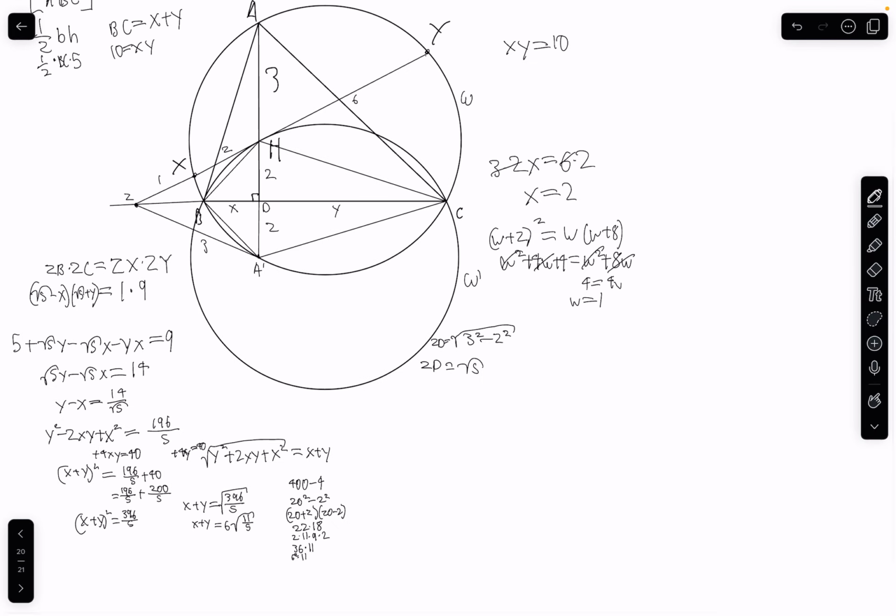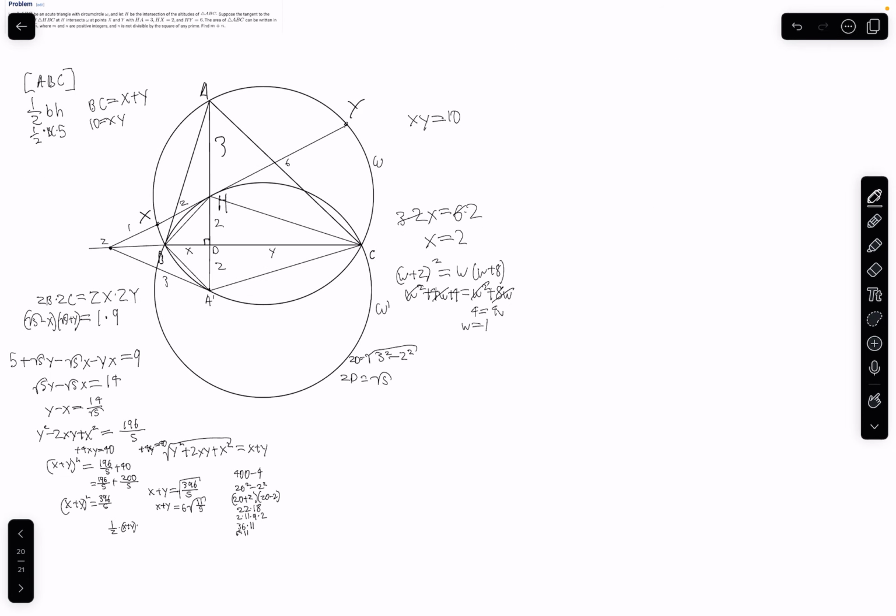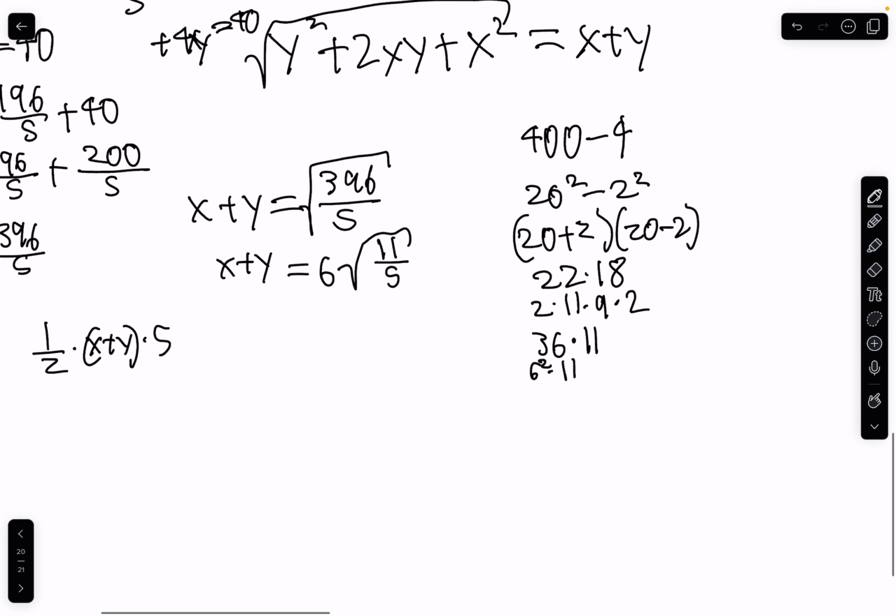And now we just need to finish off by finding the area. So 1/2 times BC, which is x plus y, times the altitude AD, which we know is the square root of 5. So 1/2 times 6 times the square root of 11 over 5, times the square root of 5.